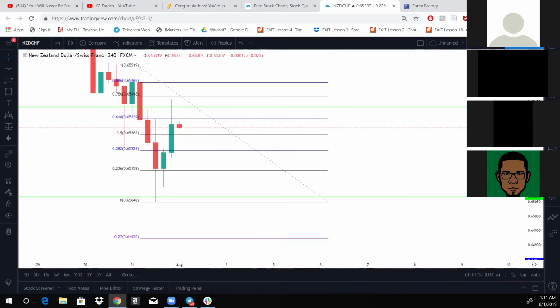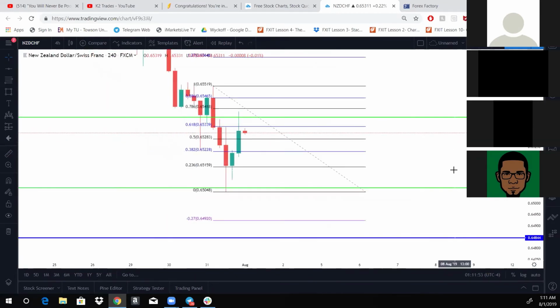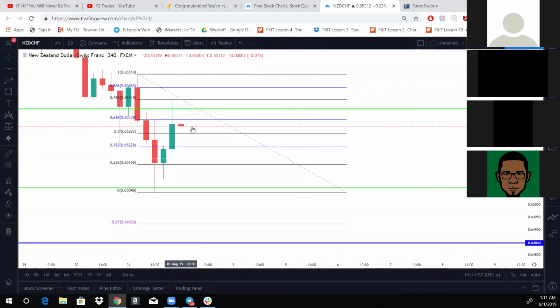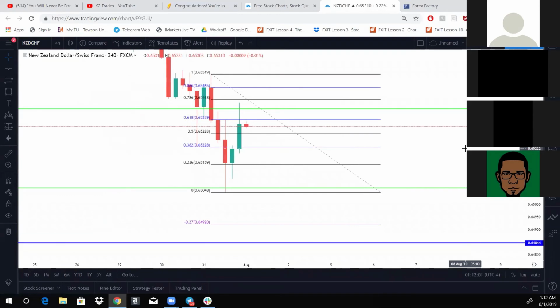I look for at least 1 to 2, but most of the time 1 to 3, 1 to 4. So I see it dropping, but I don't like the risk reward on it. I think we can find better opportunities throughout the London session rather than forcing this.